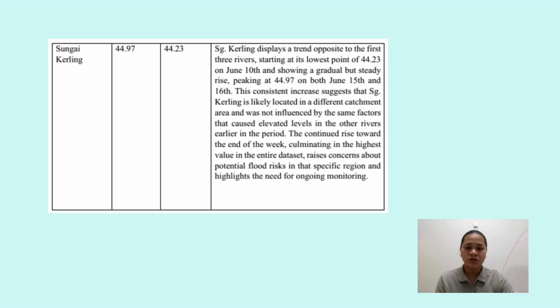This consistent increase suggests Sungai Kerling is likely located in a different catchment area and was not influenced by the same factors that caused elevated levels in the other rivers earlier in the period. The continued rise toward the highest value in the entire dataset raises concern about potential flood risk in the specific region and highlights the need for ongoing monitoring.